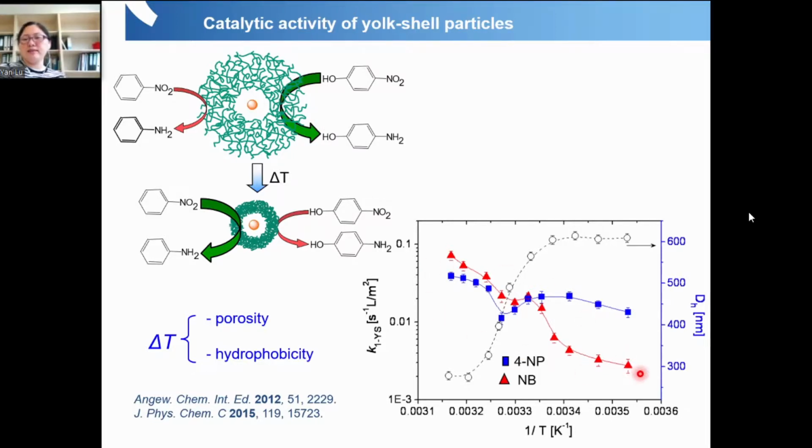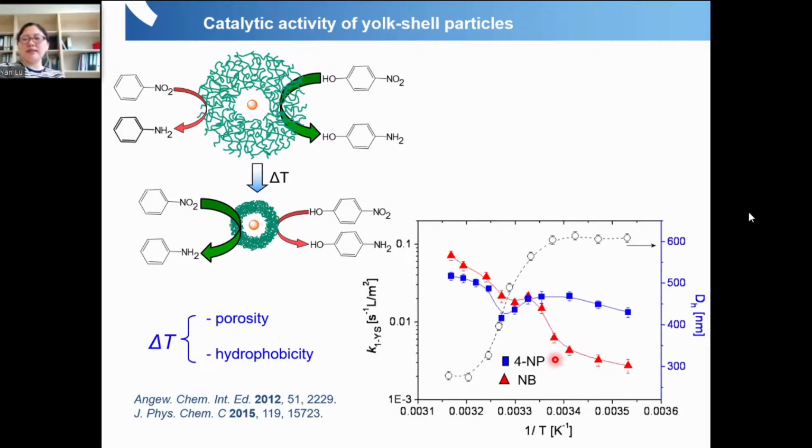Blue points are for the reduction of nitrophenol, red points are for the reduction of nitrobenzene. First of all, in both cases you do not have a linear behavior, so it means the volume phase transition tunes the catalytic activity, which is similar to what we have found for other thermosensitive microgel systems.